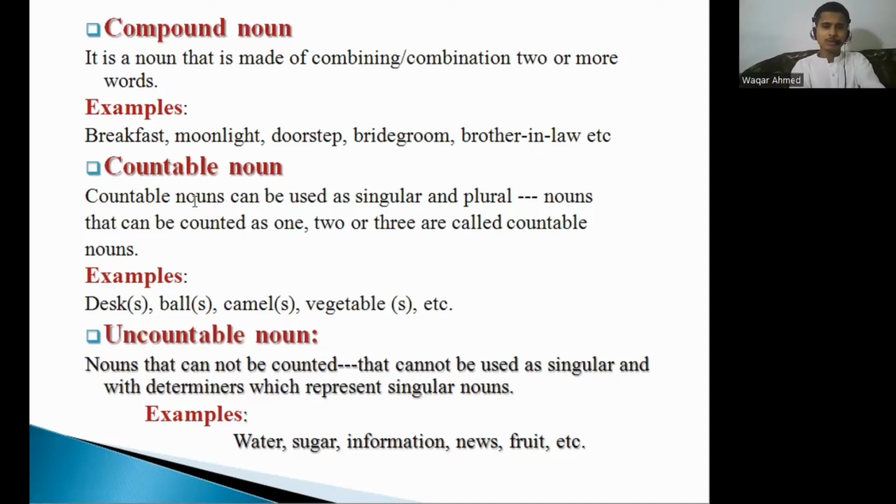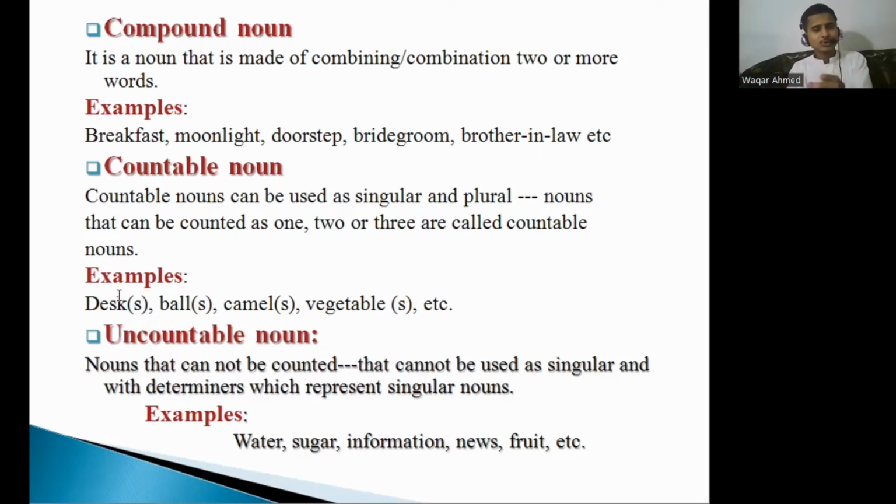Now, countable nouns can be used as singular and plural. Nouns that can be counted as one, two, or three are called countable nouns. So count noun or countable noun both mean the same. Two names, one kind of noun.